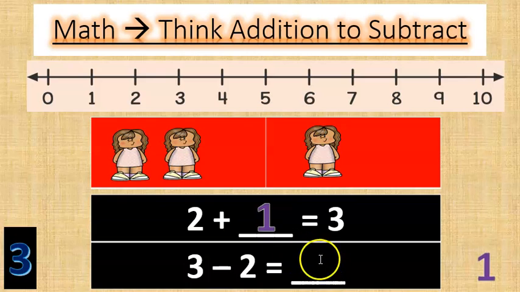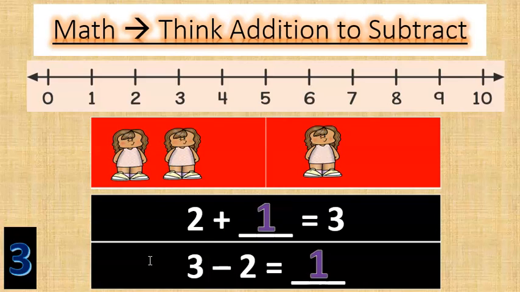Now, boys and girls, what number goes here? 3 is already up front. 2 is already here. What number do we need to put in here? 1. Good job. So let's get 1 and insert 1 here. And that is our answer. And look, boys and girls, our addition and subtraction equation are complete now.